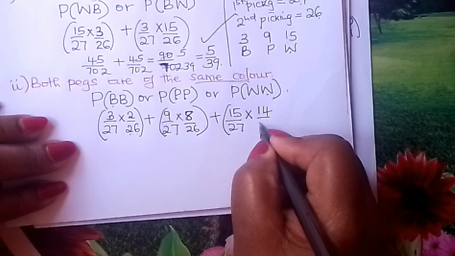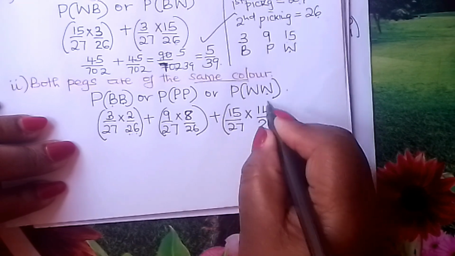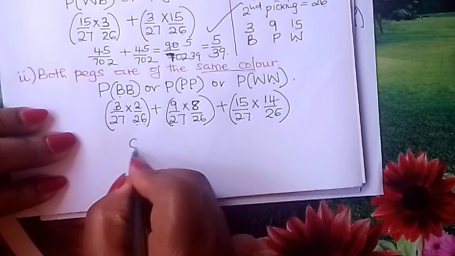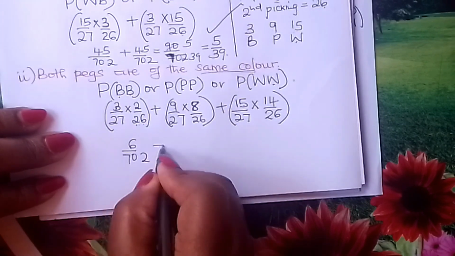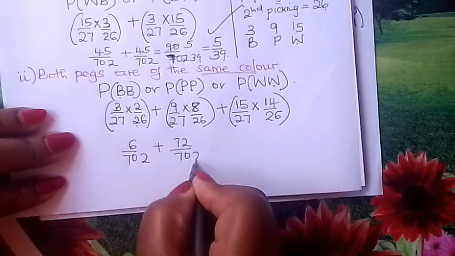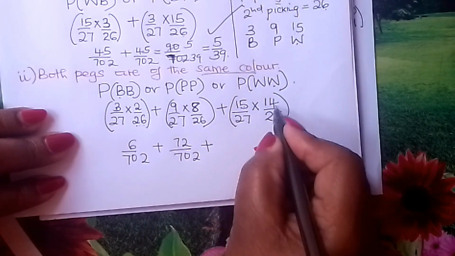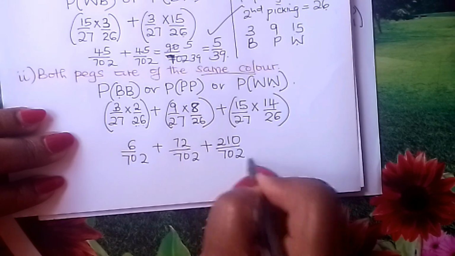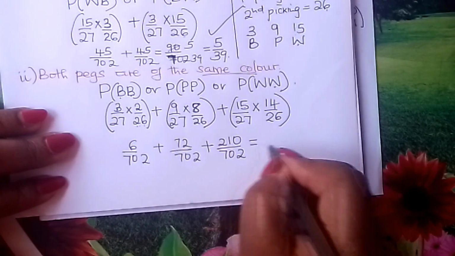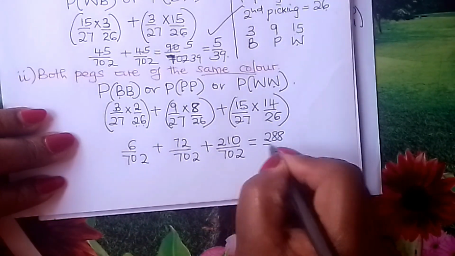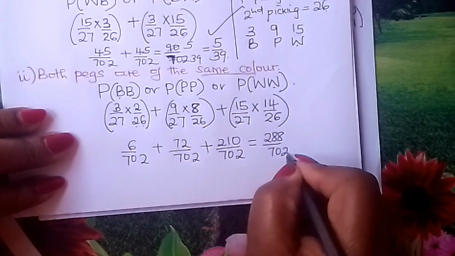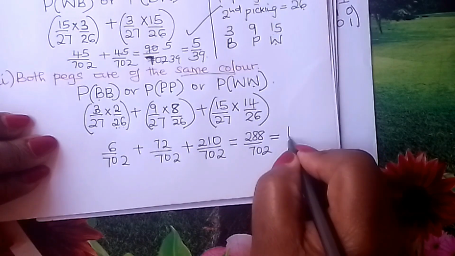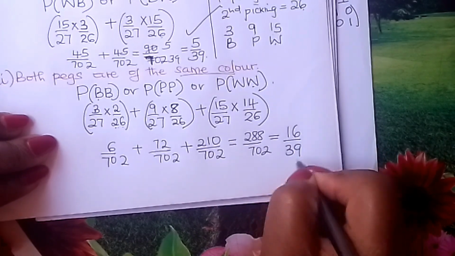So 14 out of 26. So we do multiplication. This will be 6 out of 702 plus 72 out of 702 plus what, learners? This times this will give us 210 out of 702. Adding all this, you should get 288 over 702. Simplifying this, you will finally end up with 16 out of 39.